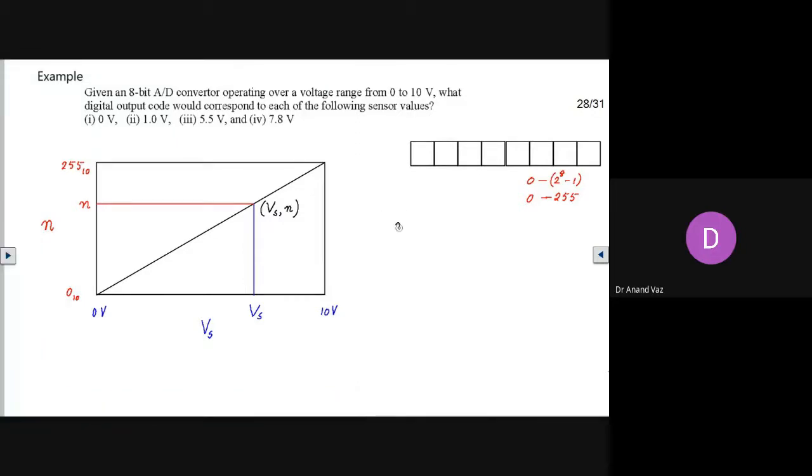We can write down the coordinates first. Corresponding to this point, the coordinate is 0 volts and 0 to the base 10. And here we have 10 volts and 255 to the base 10.